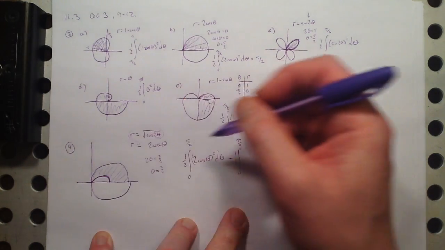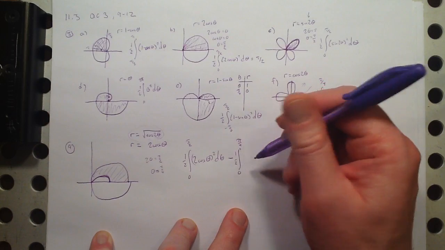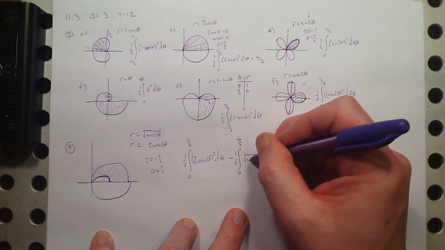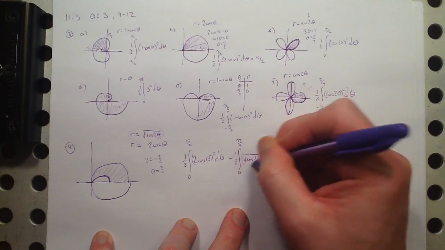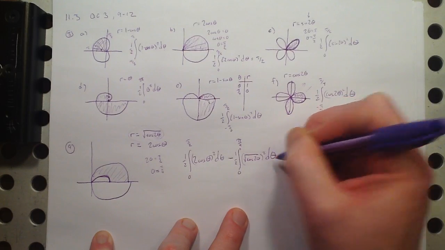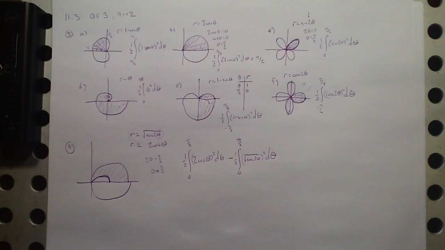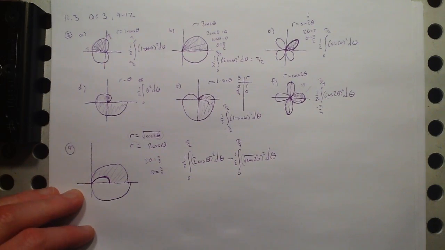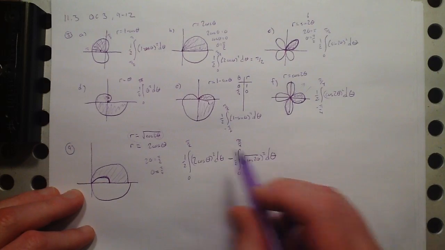That got it back to the origin twice as fast as the cosine function would. So let's see then, that's r squared d theta. So that's the setup for that, and that's as much as I would like you to do for that. Just get it set up. You can check to see if it matches up to the answer in the back of the book by evaluating that with your calculator and comparing.